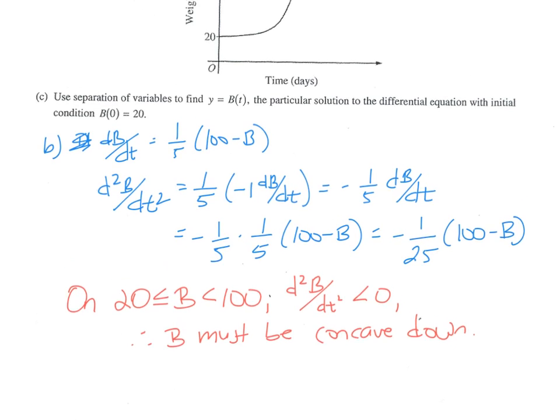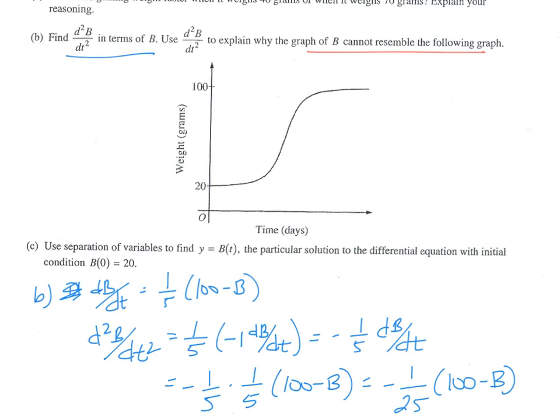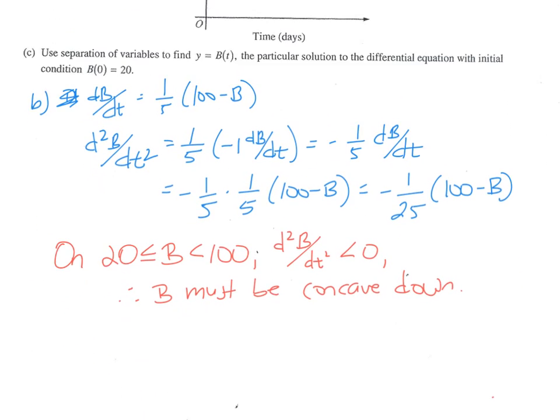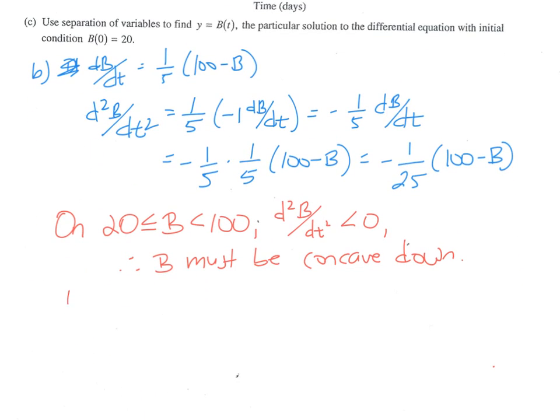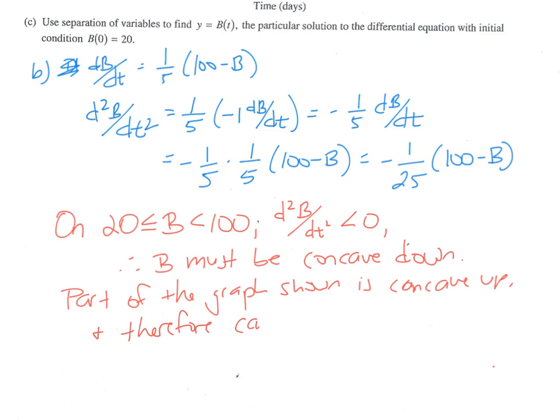But if we look at our graph, notice there are parts that are concave up. So we can say part of the graph shown is concave up, and therefore it is definitely not our function B.